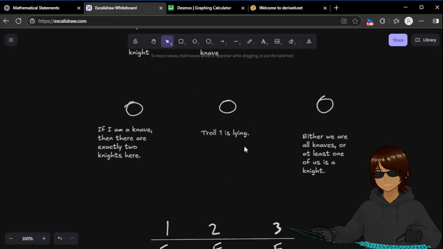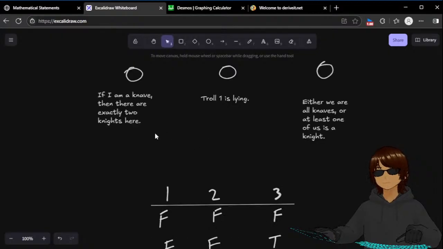I think we need to find out if there's a contradiction with each one. So if all of them are liars, if each statement is false, then either we are all knaves or at least one of us is a knight. What's the negation of this?